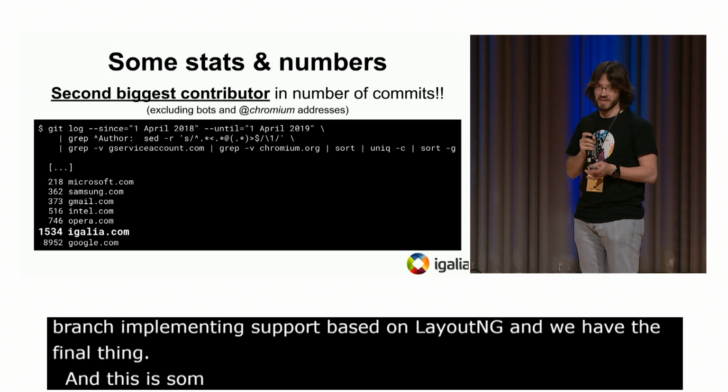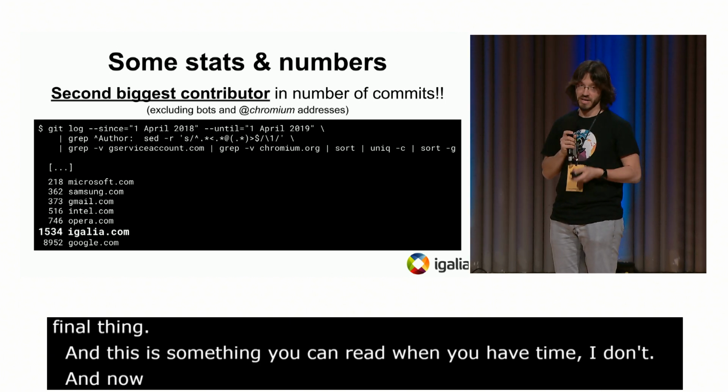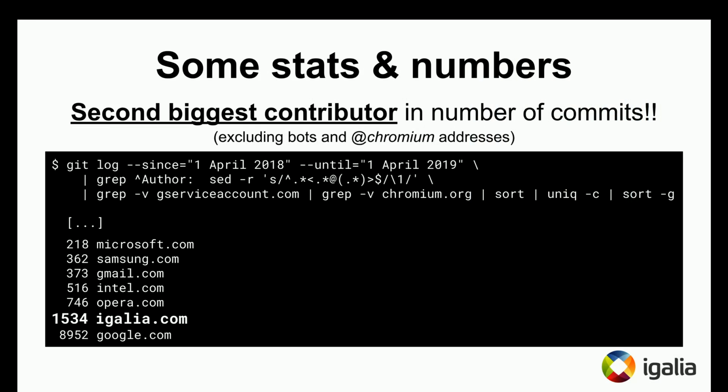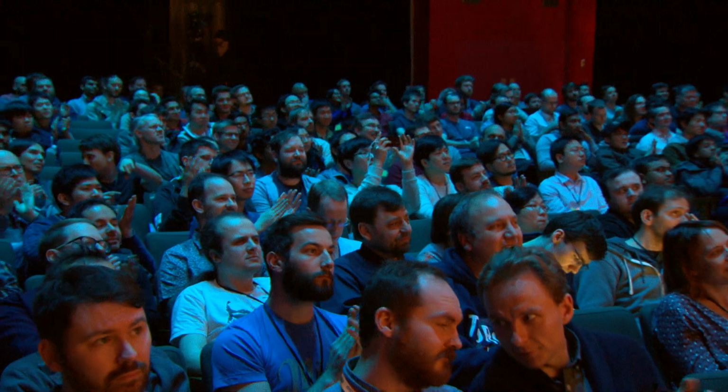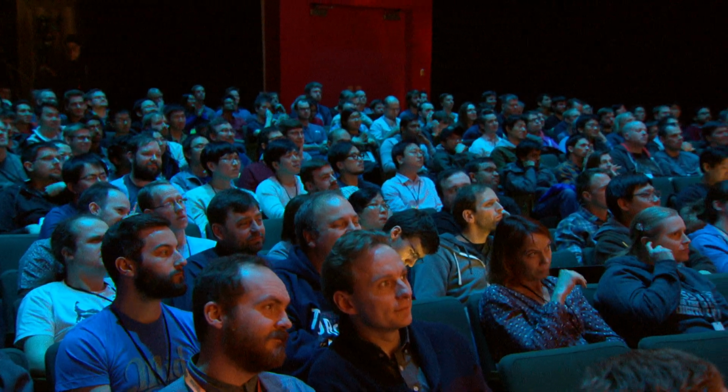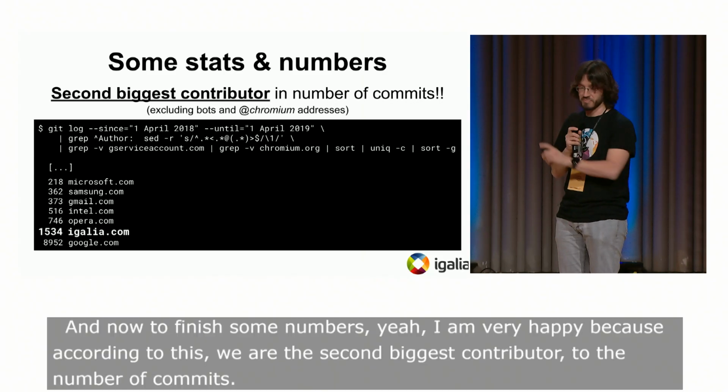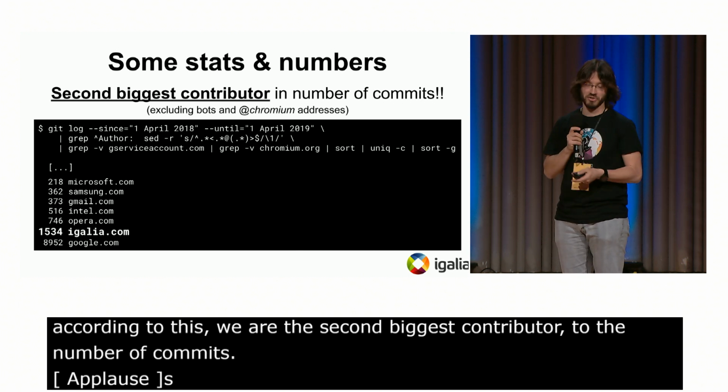And now to finish, some numbers. I'm very happy because according to this, we are the second biggest contributors in number of commits. Third contributor, if you read the small letter, because I was not considering Chromium addresses, since it's hard to know who they belong to.